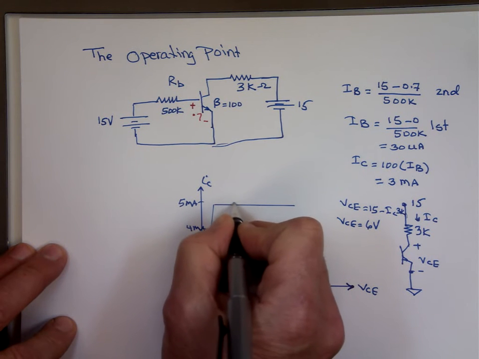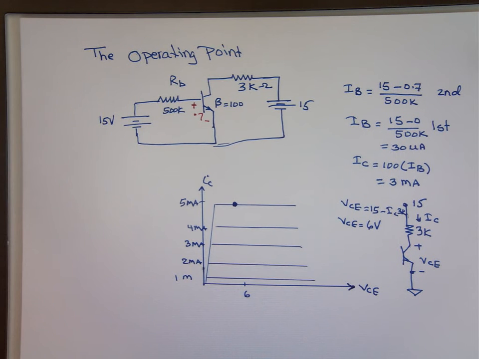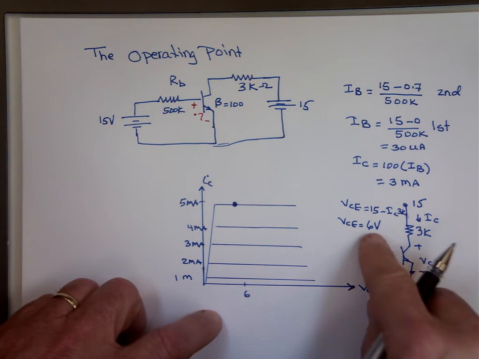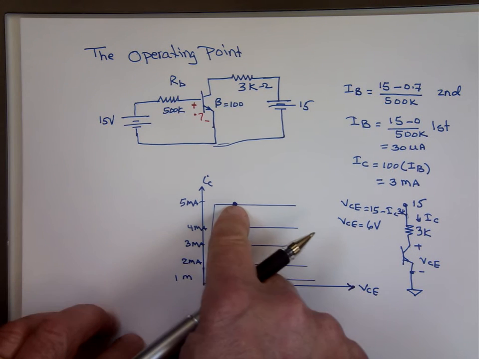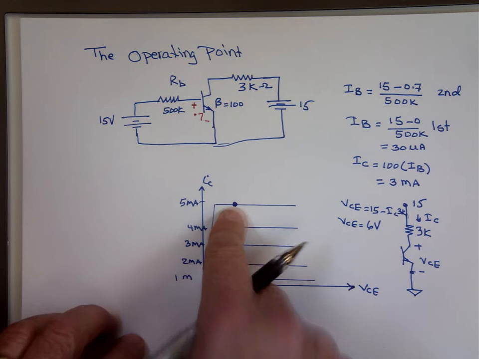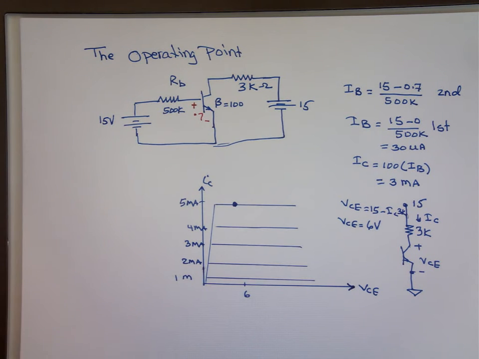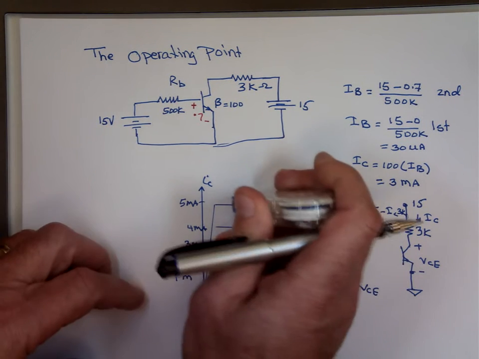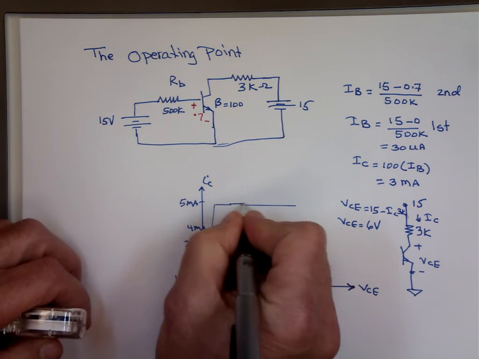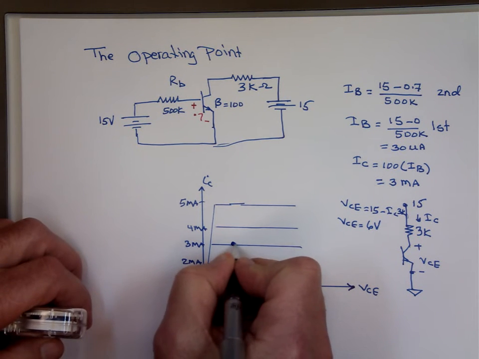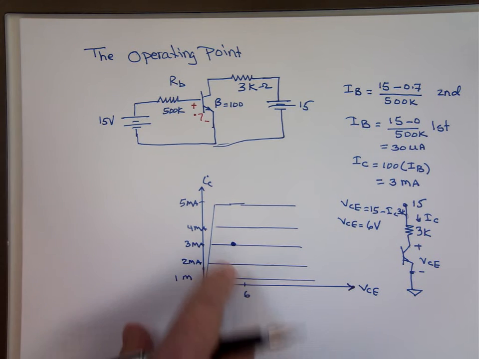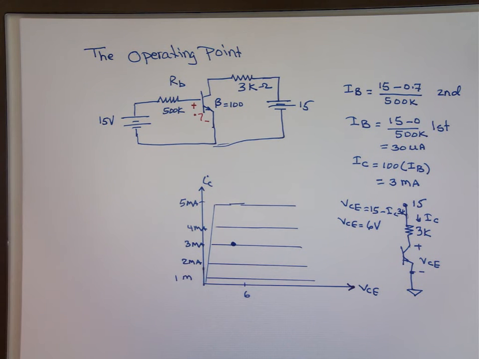That's the Q point. That's when the voltage VCE is 6 volts and the current is 3 milliamp. So 3 milliamp will be right here. VCE equals 6, and I sub C equals 3 milliamp.